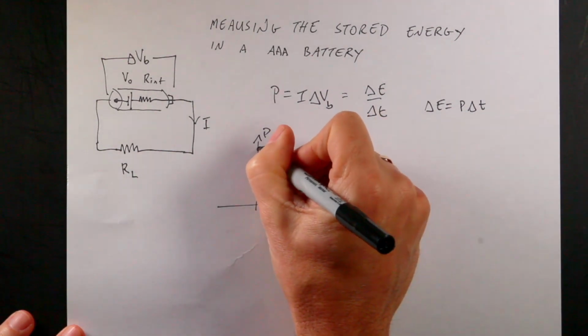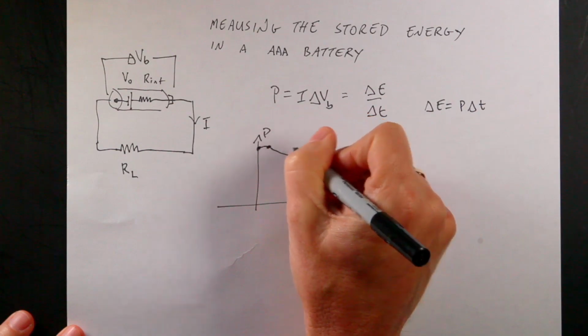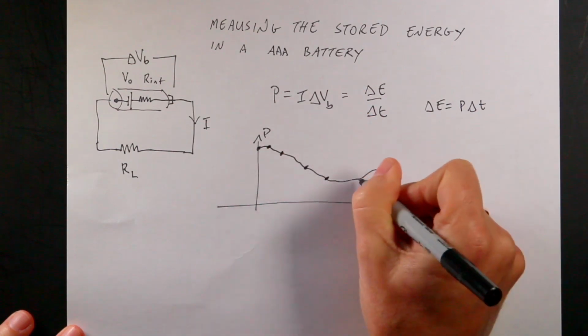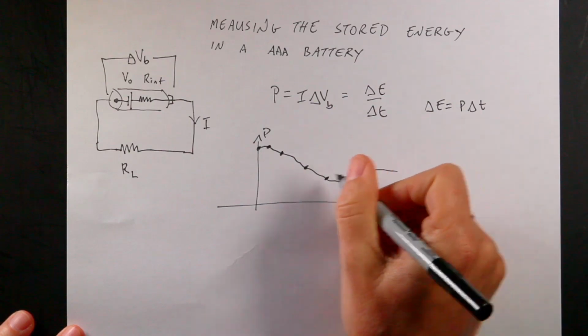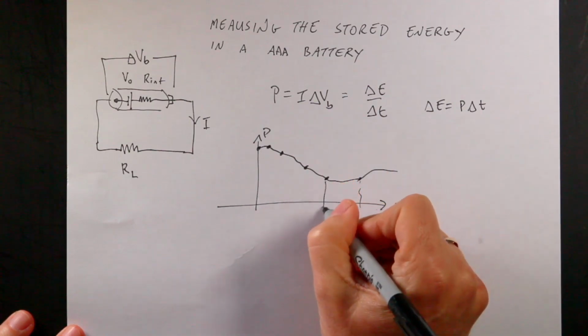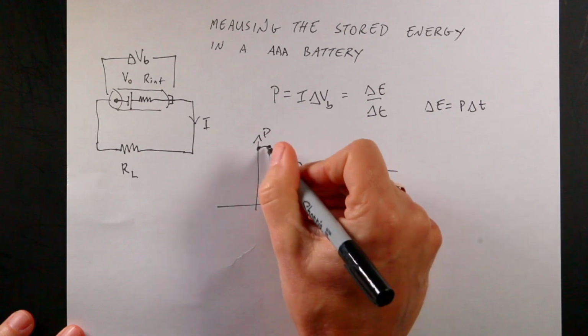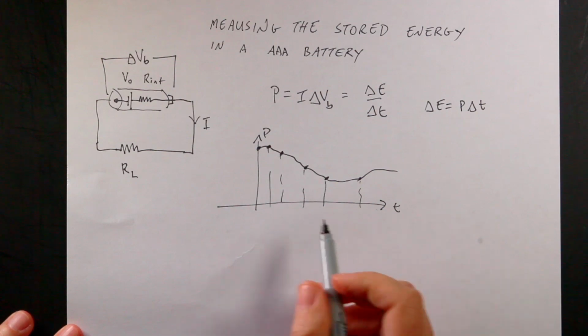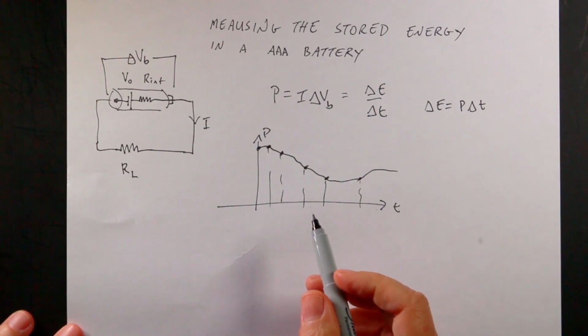Imagine that this is actually a whole bunch of data points. Actually, I should spread them out. Like that. These are the power data points at different times. If I have that, and they're not evenly spaced because I'm a terrible drawer, but what are you going to do about that, huh? You can't. You could practice drawing.